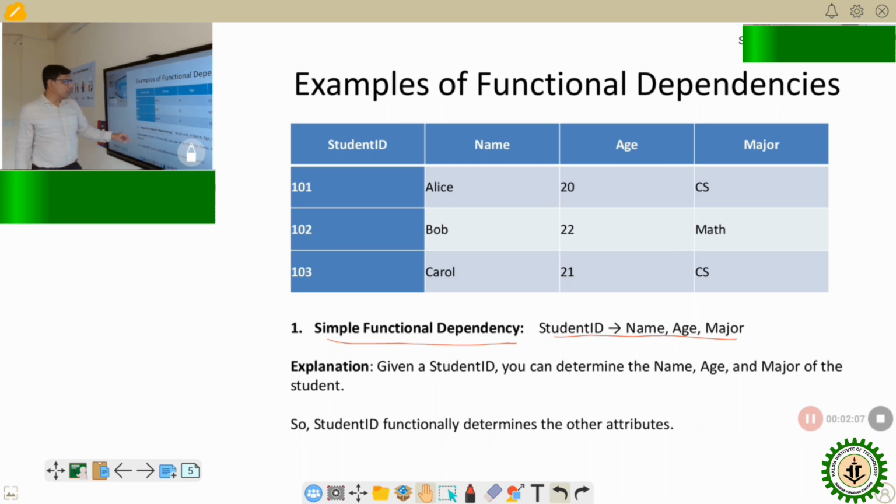So this attribute can uniquely identify the row in this table, that uniquely identifies the name, age and major. So the name, major and age are functionally dependent on the student ID. Student ID functionally determines the other attributes here.